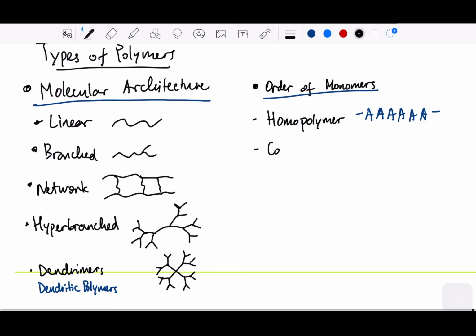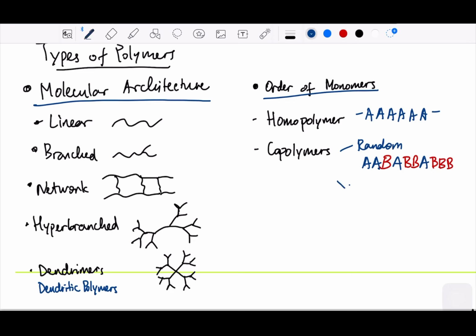And we have copolymers. This is random: A, and then B, A, B, A, B, like that, randomly in order.